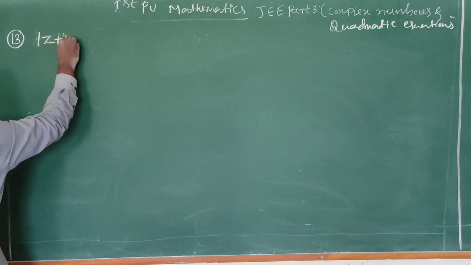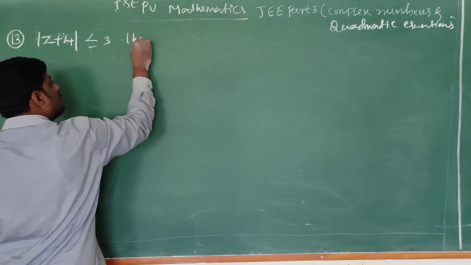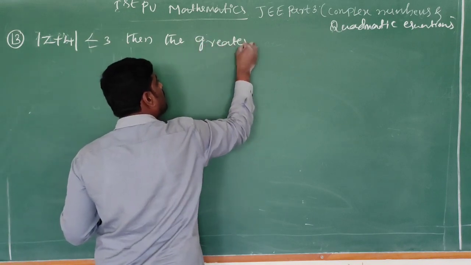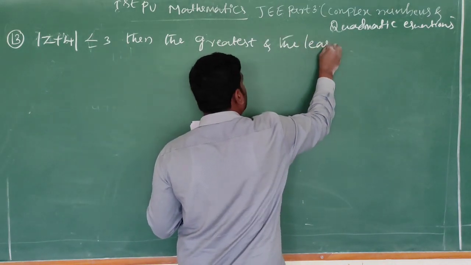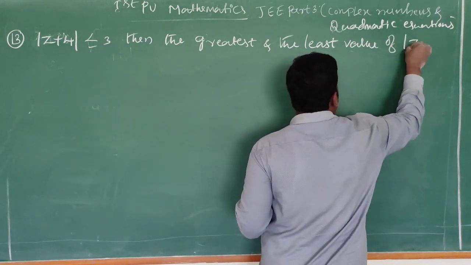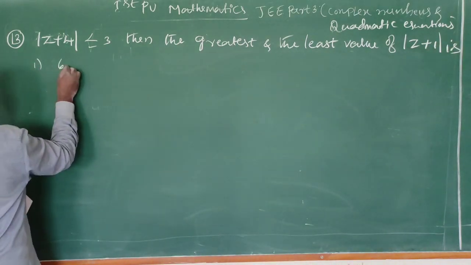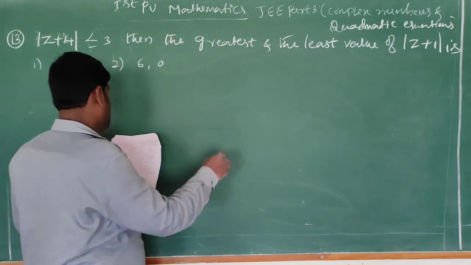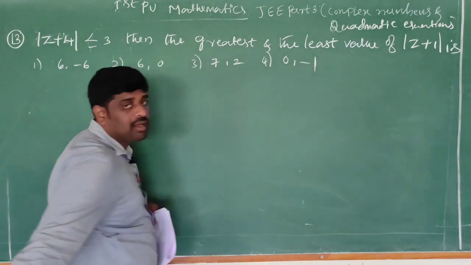Modulus of z plus 4 less than or equal to 3, then the greatest and the least value of modulus of z plus 1 is: first option 6 comma minus 6, second option 6 comma 0, third option 7 comma 2, fourth option 0 comma minus 1.